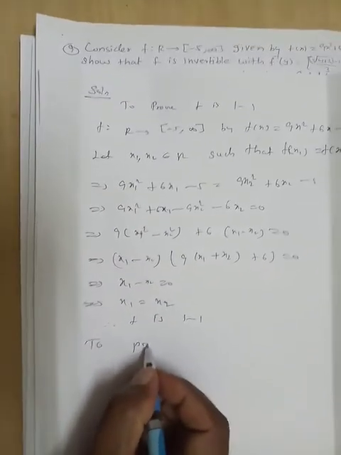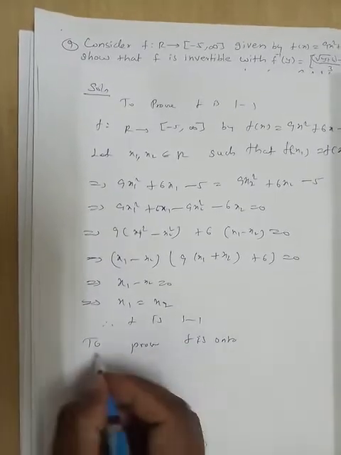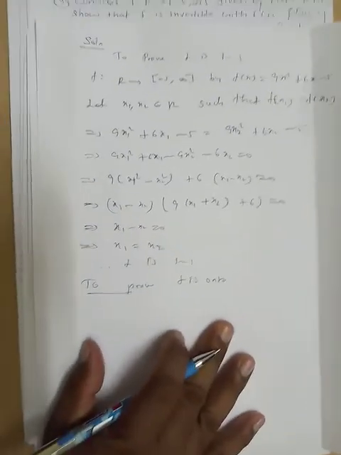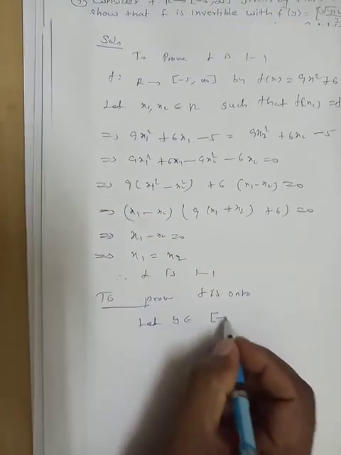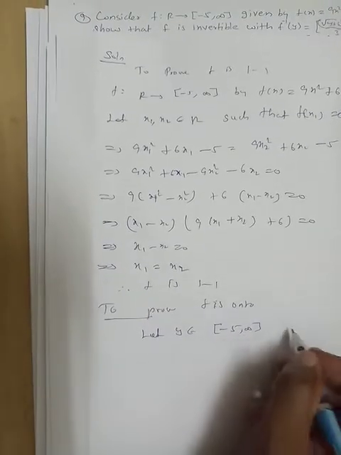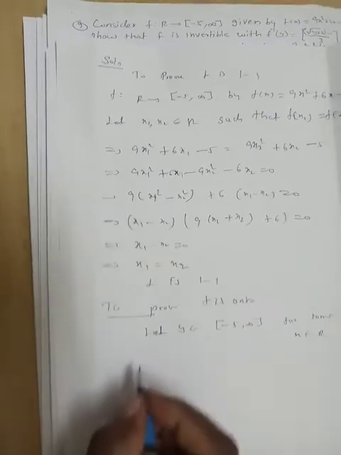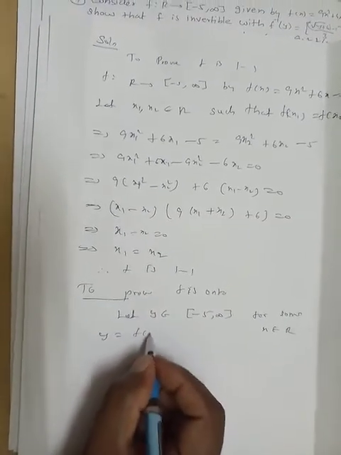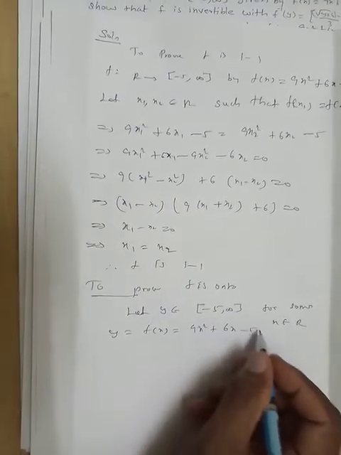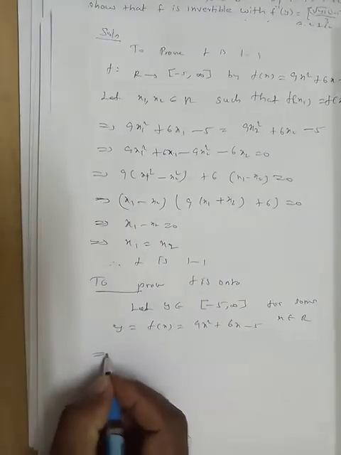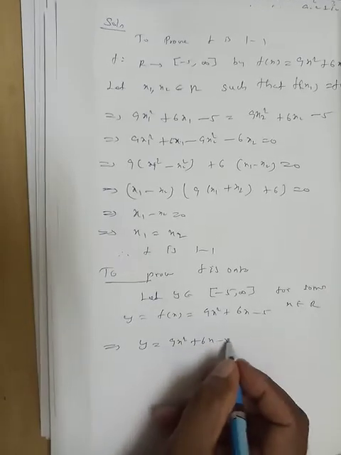Next, to prove f is onto, let y belong to [minus 5, infinity) for some x belongs to R. Here y is equal to f of x is equal to 9x square plus 6x minus 5.